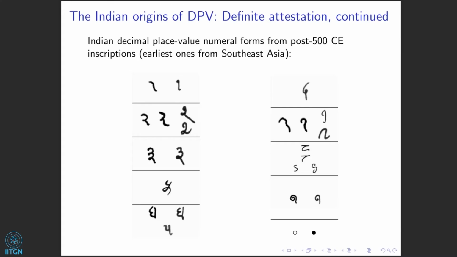So either the mathematical principle, we can tell from the text, is obviously there. The forms of the numerals, we can tell from the inscriptions, are there at least somewhat later. Obviously, the system is established.